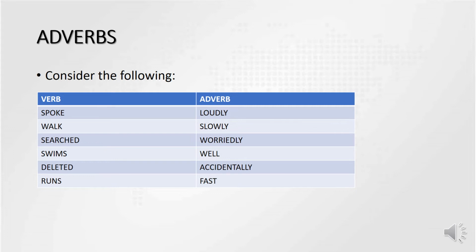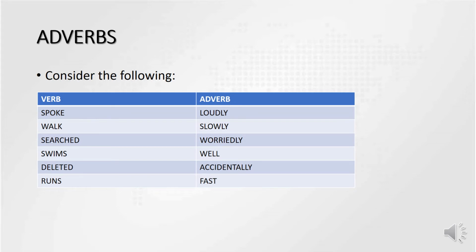But if you have a look at example number 4 and example number 6, those do not necessarily have the letters ly at the end, although they still describe the verbs or give more information about the verbs on the left-hand side. How the running was done, it was fast. How an individual swims, well, they swim well. They spoke loudly.